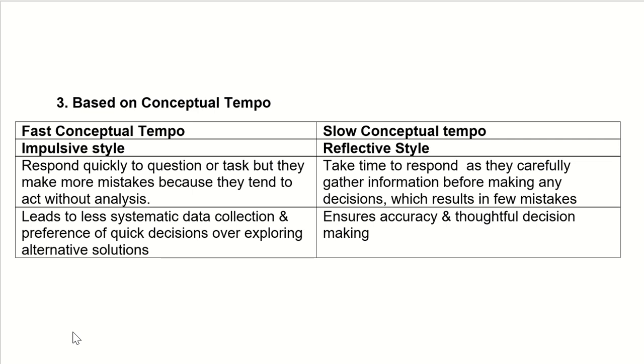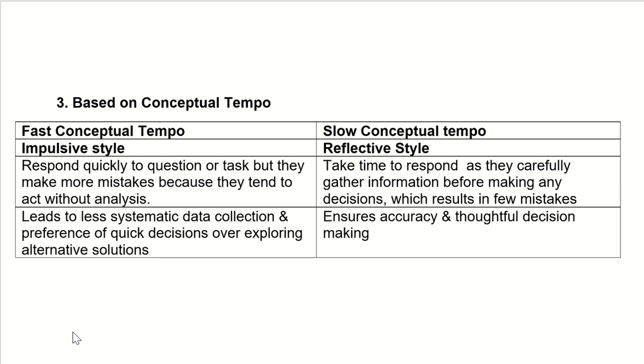But since they are in the impulsive style, they just react, they don't respond. They take such fast decisions that there are chances they make more mistakes because they do it without thinking. They don't analyze the situation. This leads to less systematic data collection and a preference for quick decisions over exploring the alternative solutions available.